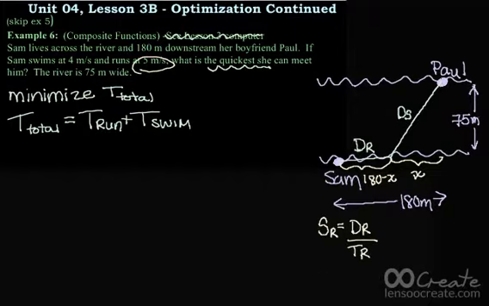So 5 meters per second is equal to the distance she ran, which is equal to 180 minus x, over the time she spent going there. So by isolating the time she spent running, we get this expression: the time she ran was (180 minus x) over 5.